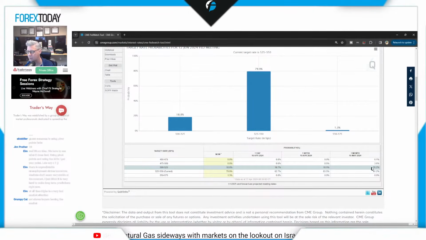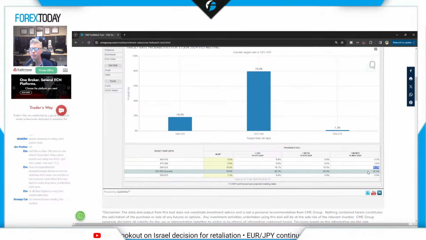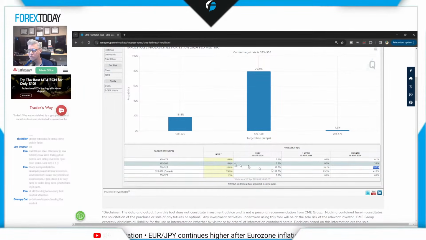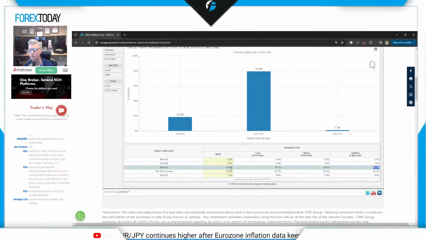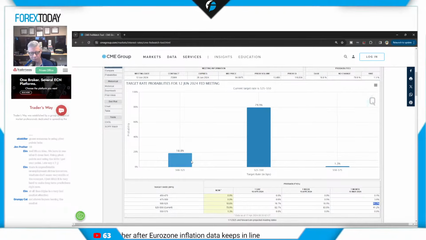This was actually quite a bit higher 2 months ago, 3 months ago, 4 months ago. 4 months ago, this was probably close to 100%. And now there's only an 18% or 19% chance of a cut. It's gone from like 80% to 20%.